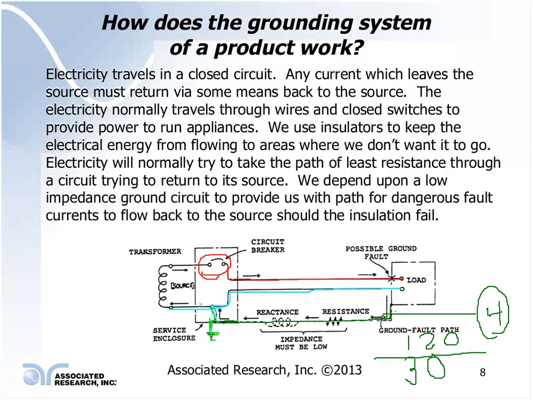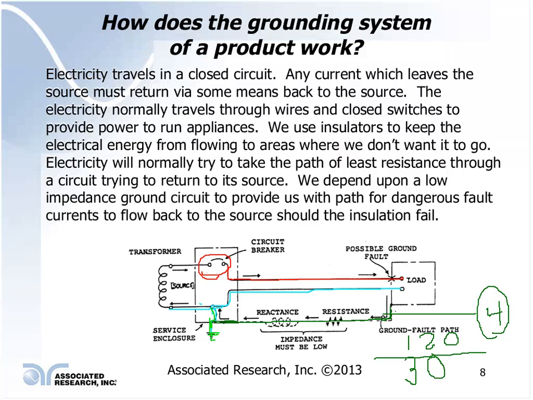But it is designed to open up this circuit to prevent some type of a fire hazard. If you do have an adequate ground, that ground circuit should protect you against an electrical shock should a fault happen on it.